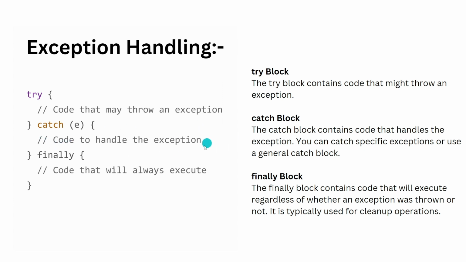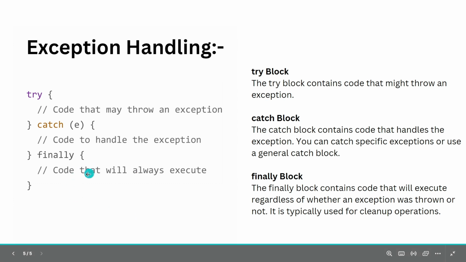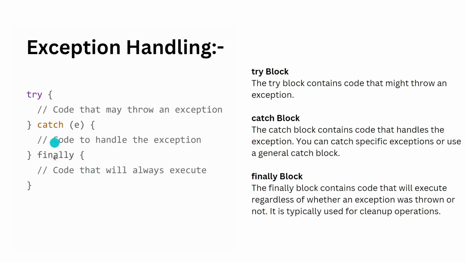We can say that this is not possible, to divide any number by 0. Please enter the correct inputs. And then finally, this code will be executed. We can use try catch only, or if we want to use the finally block, we can use it. If we don't want, we can ignore it.